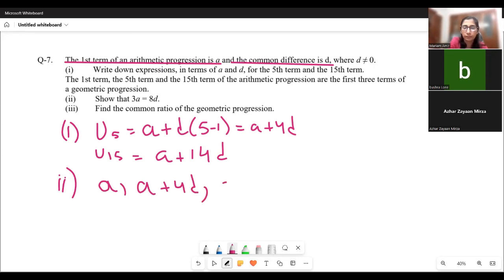And the 15th term we've already mentioned is A plus 14D. Now they're saying these are the first three terms of a geometric progression. So show that 3A is equal to 8D. So tell me, how do I connect A plus 4D and A plus 14D in an equation? And remember, this is GP.